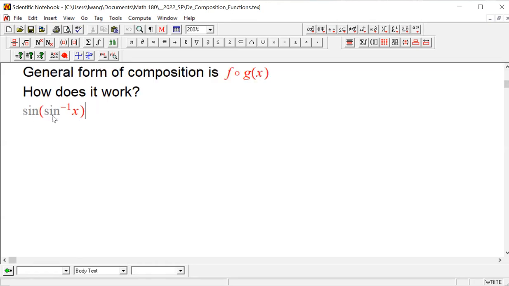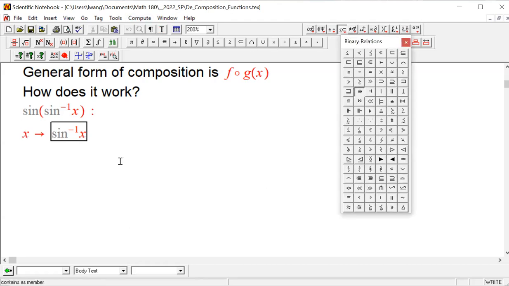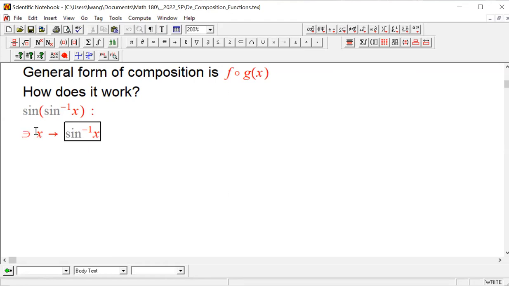In the case of sine of arcsine, this is how it works. We have an input, x. Since arcsine works on it first, this x has to be from the domain of arcsine.